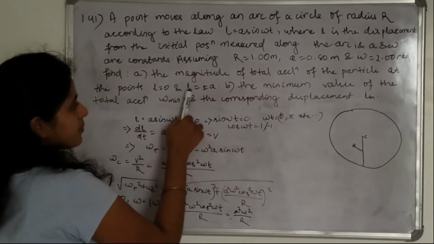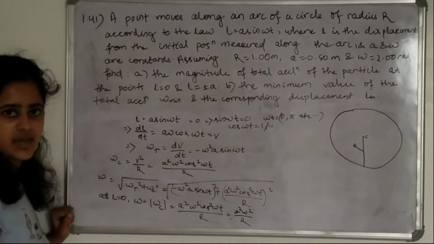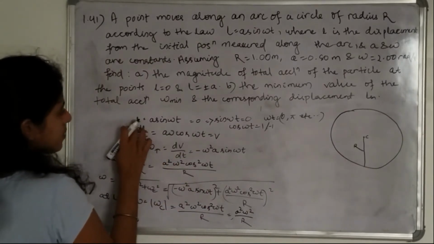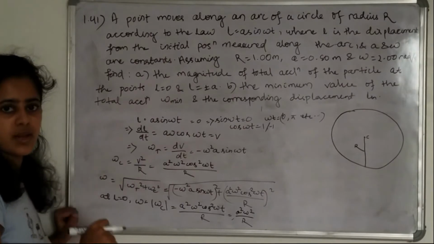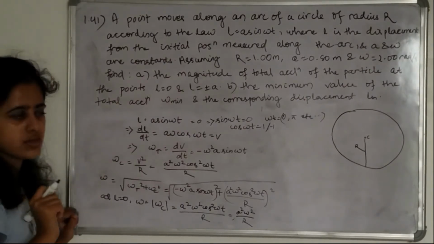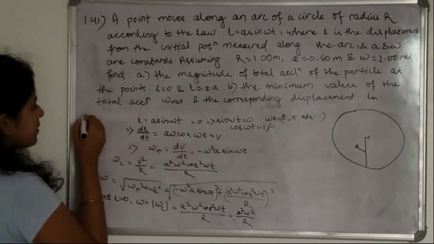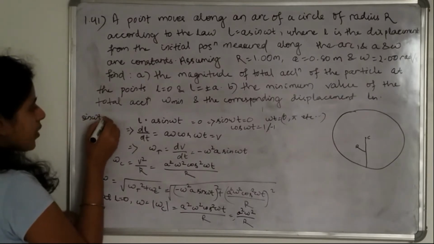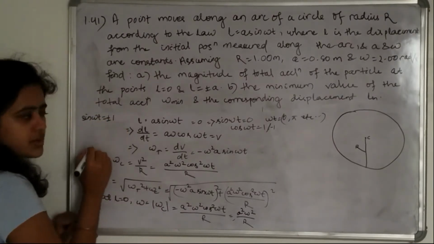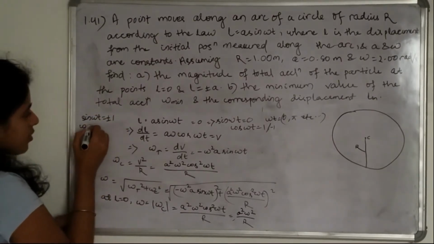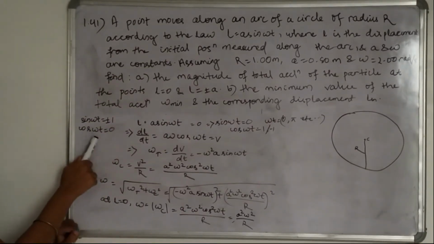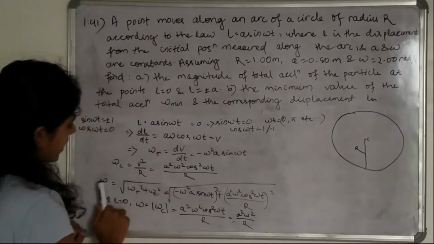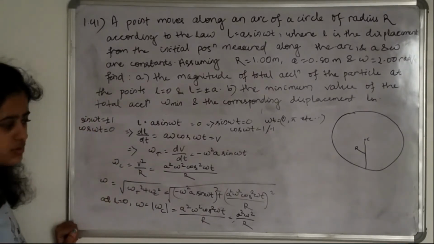Next, we have to find at points L is equal to plus or minus a. By putting L is equal to plus or minus a, a will be cancelled out. So sin omega t value will be how much? 1 or minus 1. So sin omega t value will be plus minus 1. That means cos omega t value will be how much? 0. So by putting this value in this equation, we can get the total acceleration value.